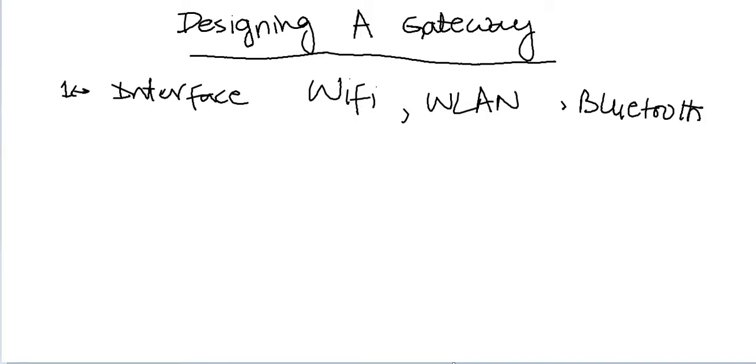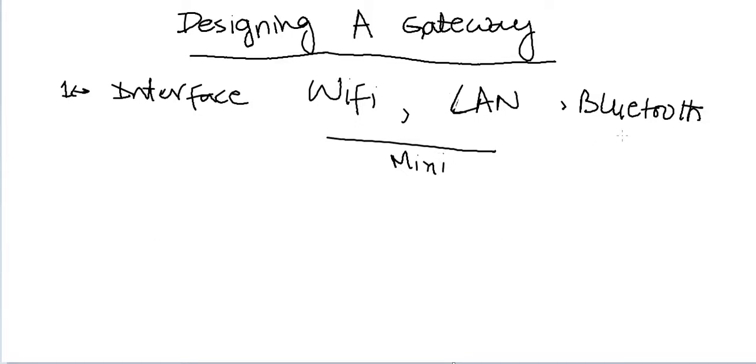Not WLAN, because Wi-Fi is the same as WLAN. LAN, I mean. So with LAN and Wi-Fi options in it, it should be able to easily connect to the local area network.